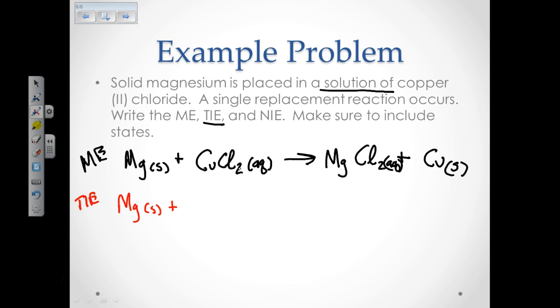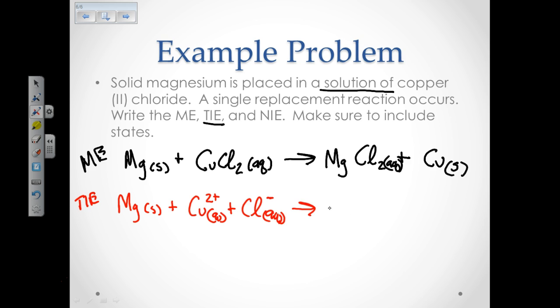Okay? So now this is aqueous, so we split this up. So it's going to be Cu, and it's copper 2 aqueous, plus Cl minus aqueous, reacts to form.